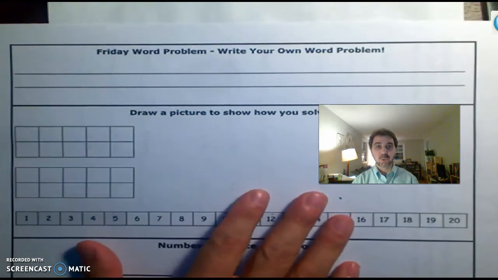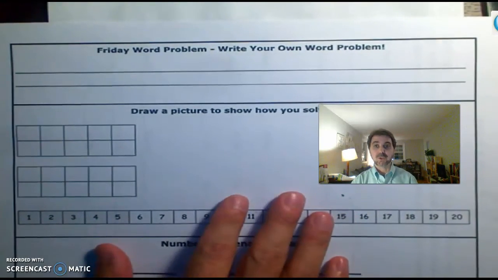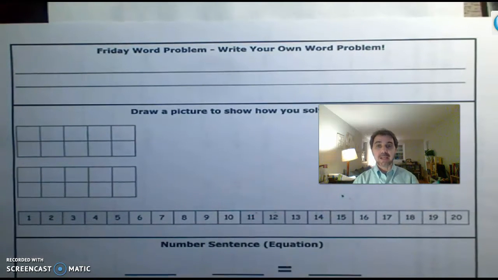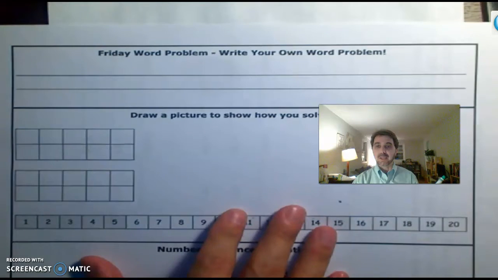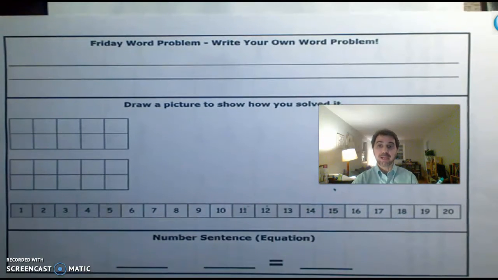Okay? Today, you get to write your own word problem. It can be either addition or subtraction. You decide. If you need ideas, go back and look at some of the ones we've done this week. Be creative, right?